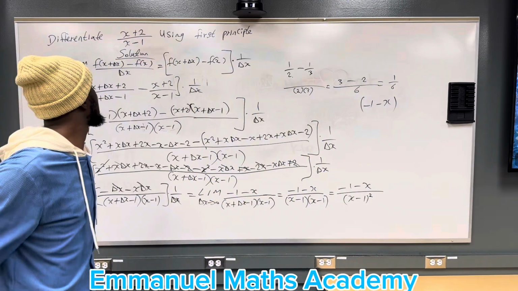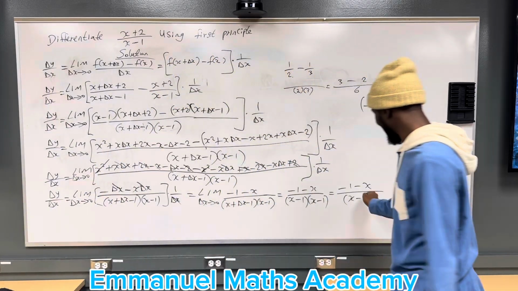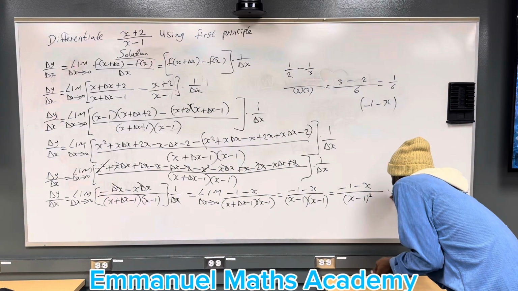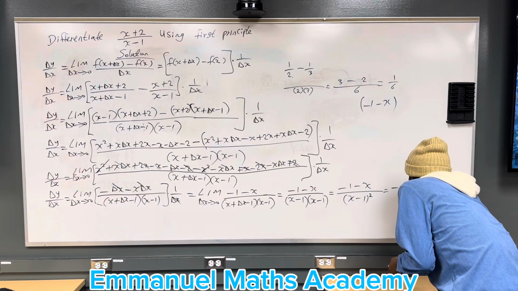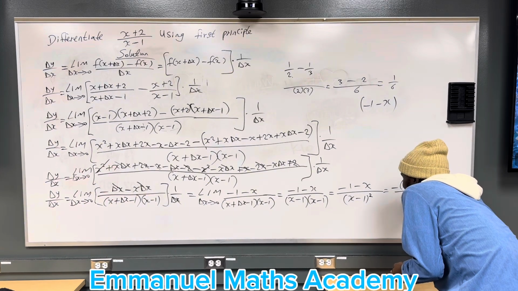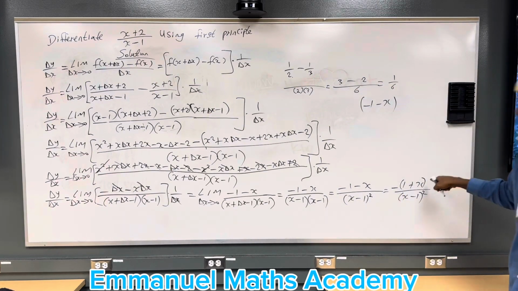As simple as that. Right? You can also factor out this minus here, maybe if you want, to give you what? Minus 1 plus x all over x minus 1 squared. As simple as that.